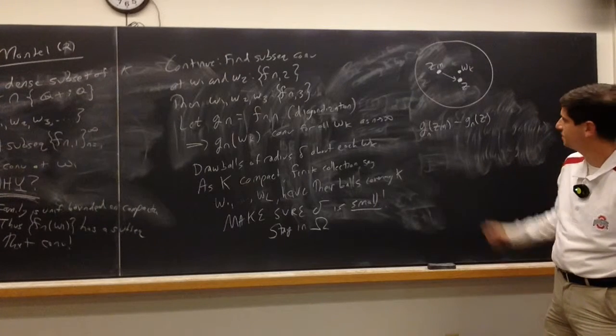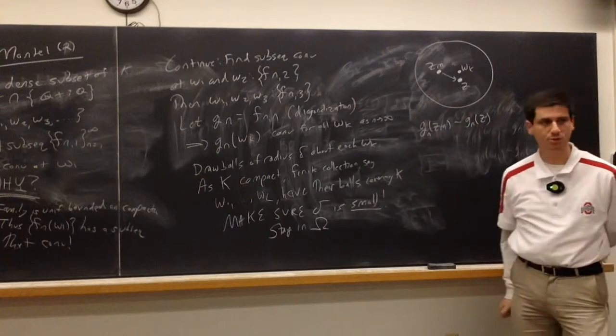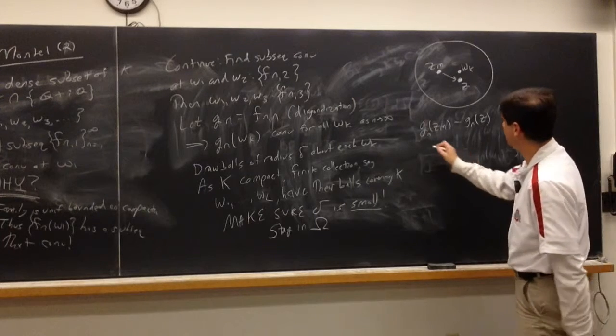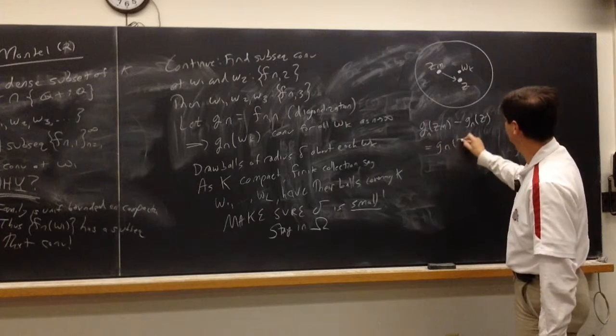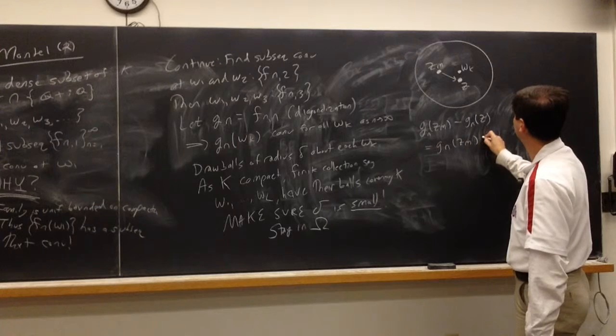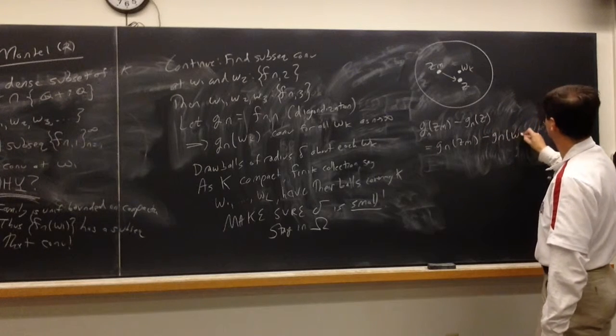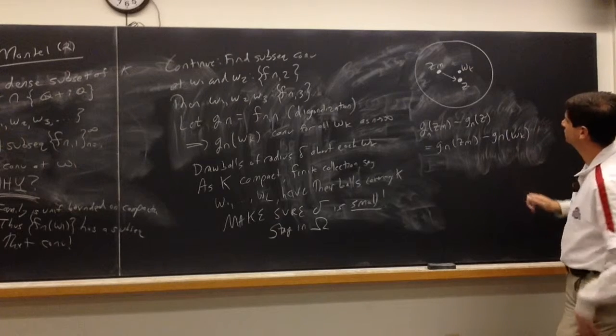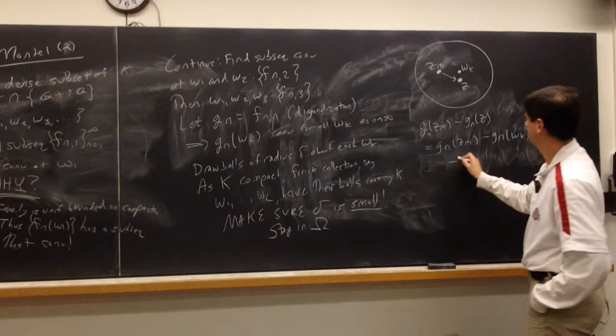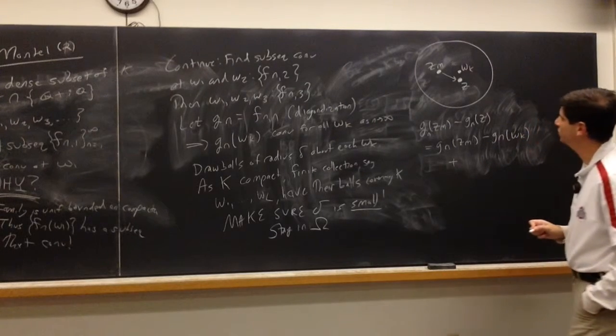And then that would prove that the functions Gn are converging at the point Z. Okay, this would then be Gn of Zm minus Gn of Wk. I just feel like I'm dropping a point.